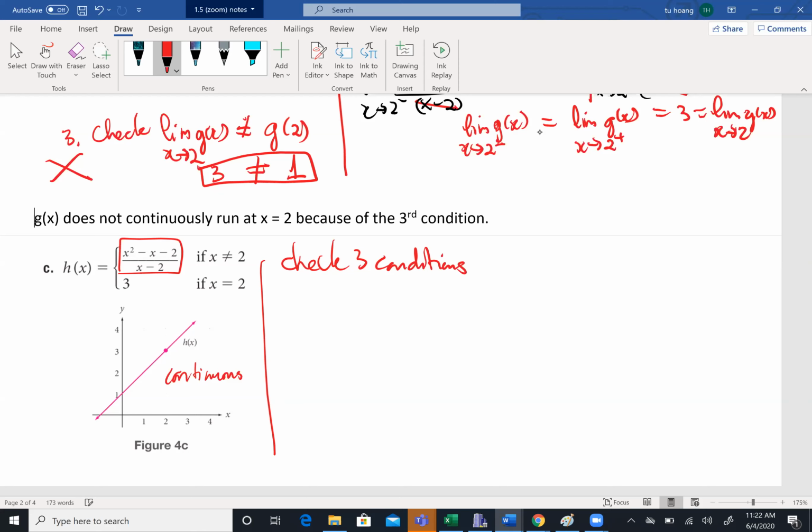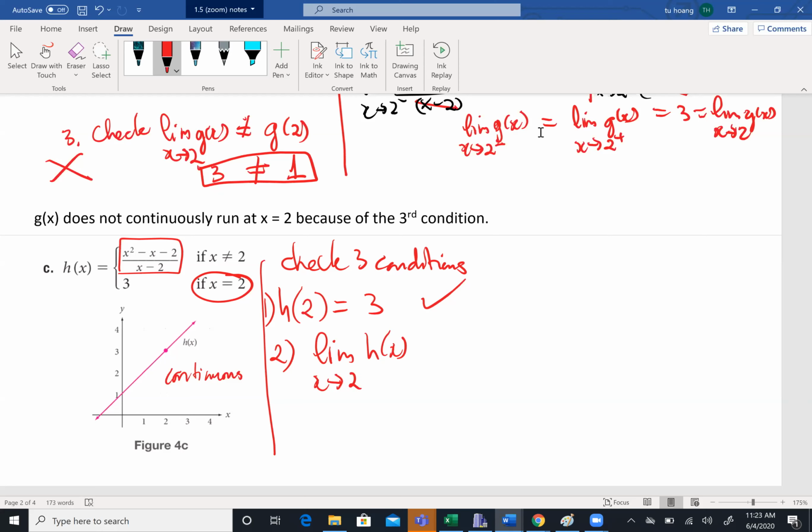I have h of a, here a is 2, so at x equal to 2, h(x) equals 3, and this is the first one, so it's defined. Second one, I'm going to find the limit of h(x) when x goes to 2.